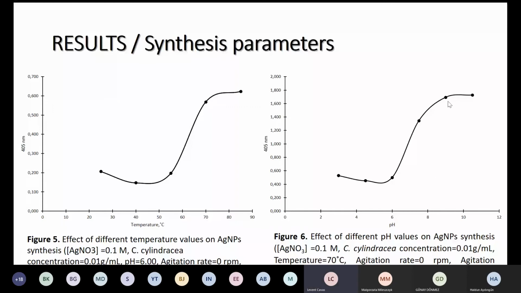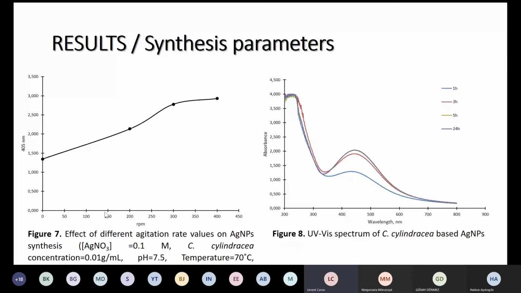We obtained more silver nanoparticles in the basic area, I mean over 0.7. And here you see the effect of agitation time on the synthesis of silver nanoparticles. You can obtain similar results when you apply 300 RPM.